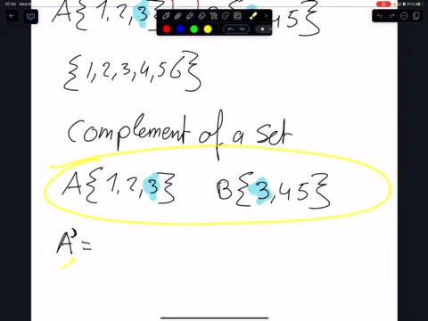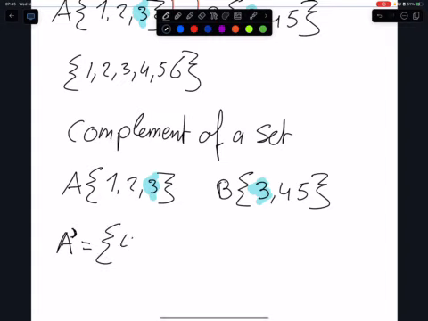I want everything that's not in A. If we look at the number 3, it is in A, so I cannot count number 3. The answer to A apostrophe is 4 and 5, because that's the only two things that are not in A.